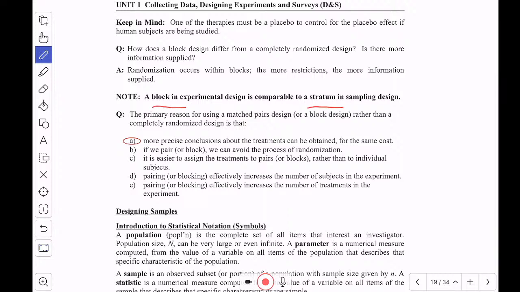If you remember in the video, you learned about strata, or stratification. Stratification in sampling is like blocking in experiments. The idea being to get adequate representation.